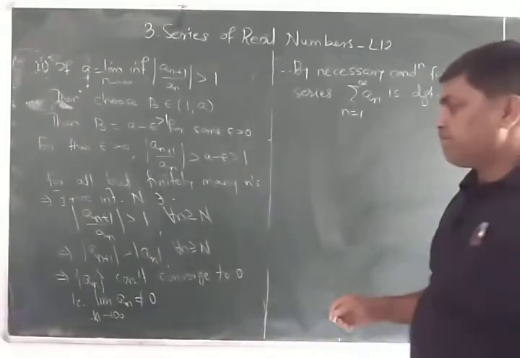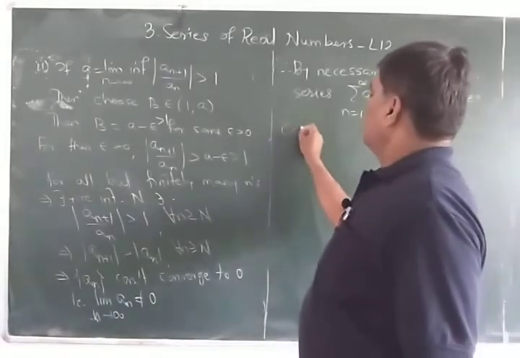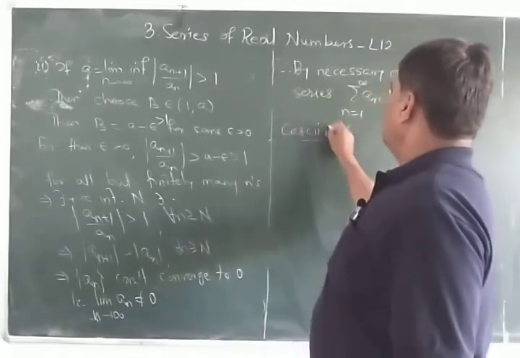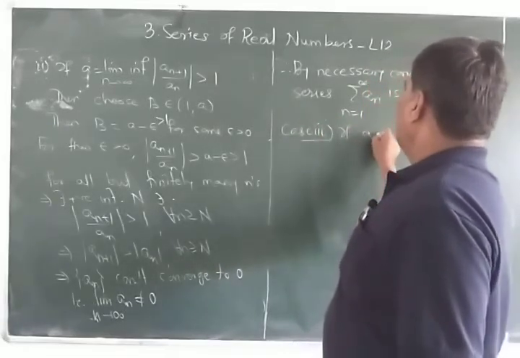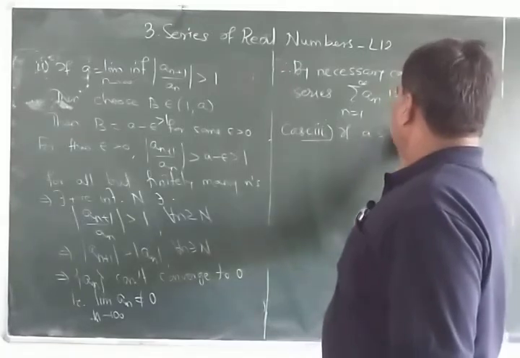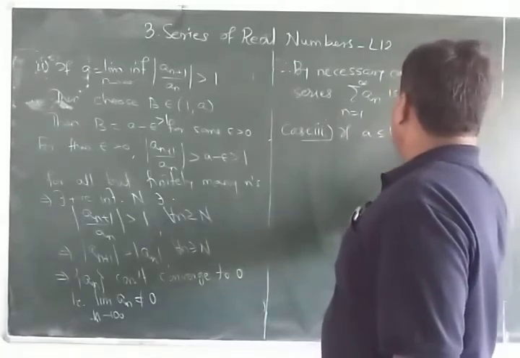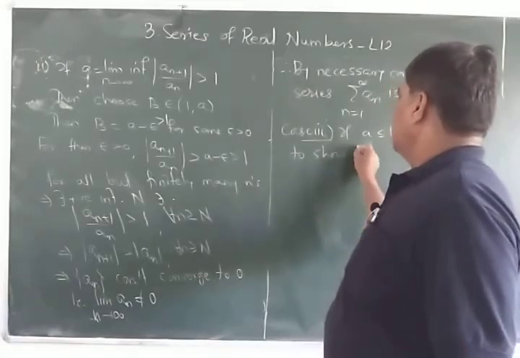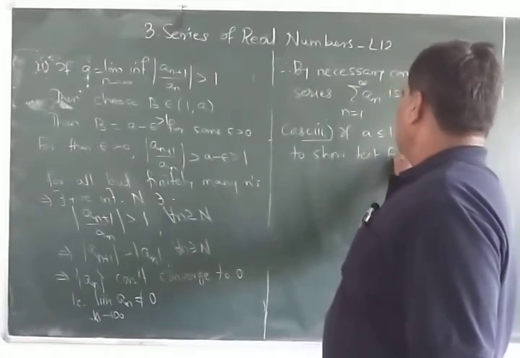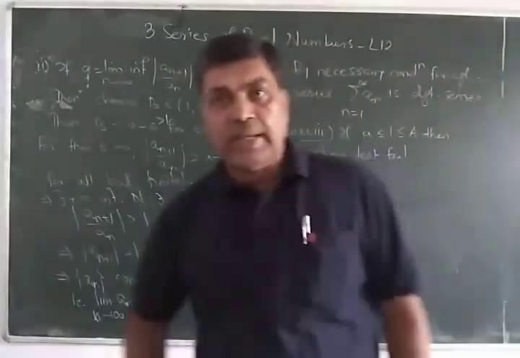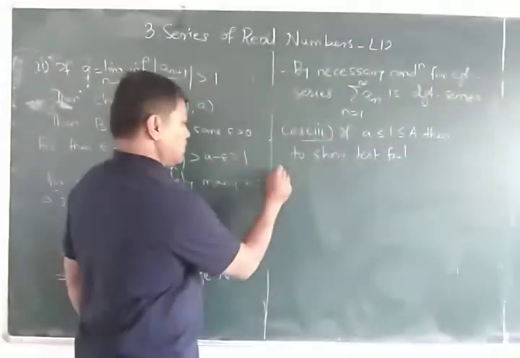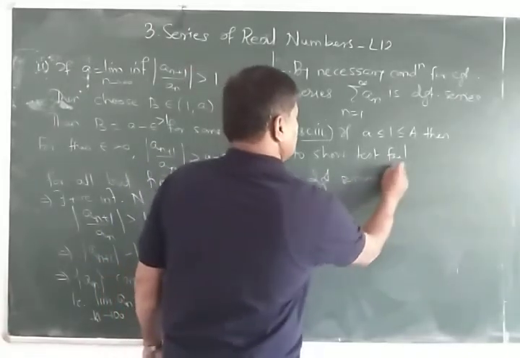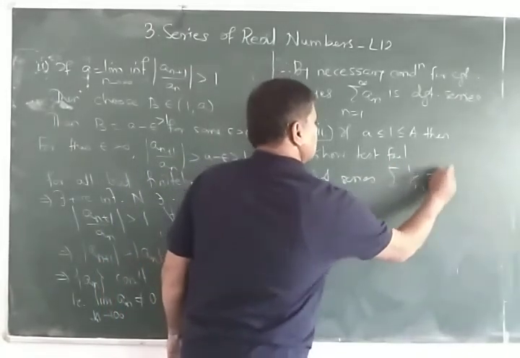Case 3: if a is less than or equal to 1, less than or equal to A, then the test fails. To show the test fails, take the divergent series, summation of 1 upon n, equal to summation an.